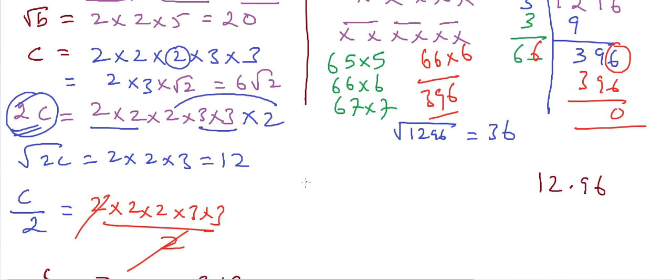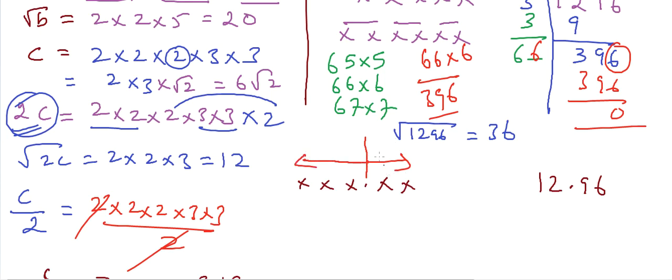Then the same way. If there's a decimal point, you start with this decimal point. Here you go from left to right, and here right to left, two digits at a time.